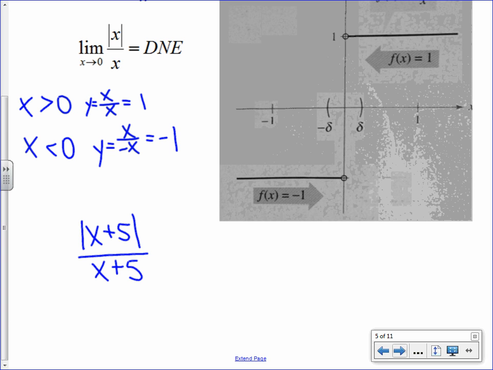It's still going to work the same, except where would the break be here? The break would be at -5.